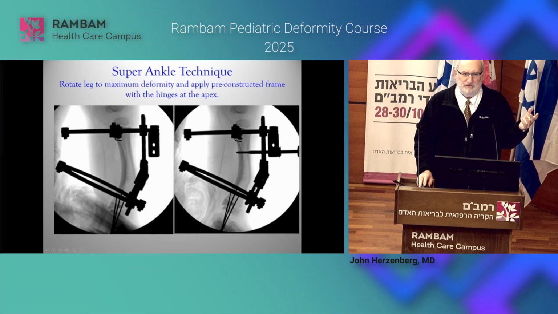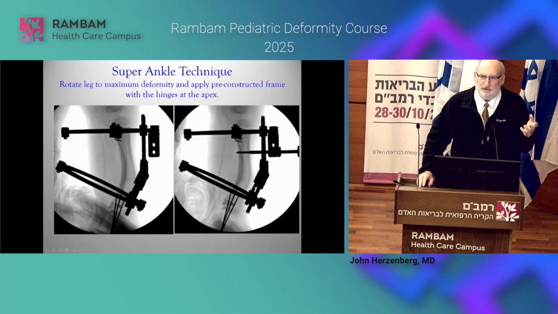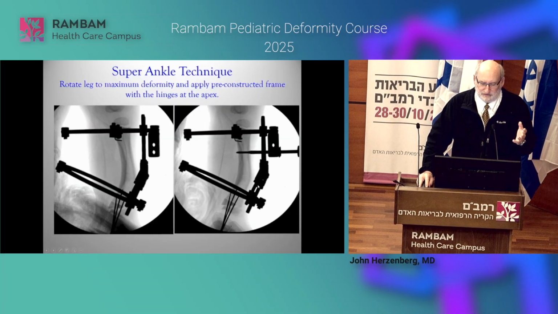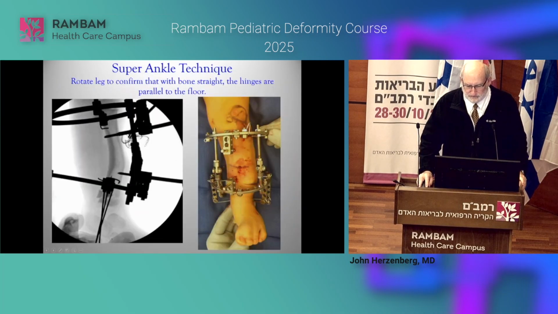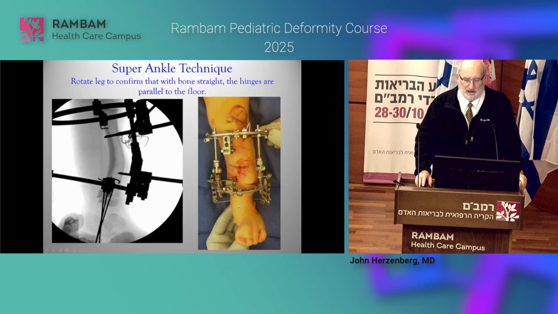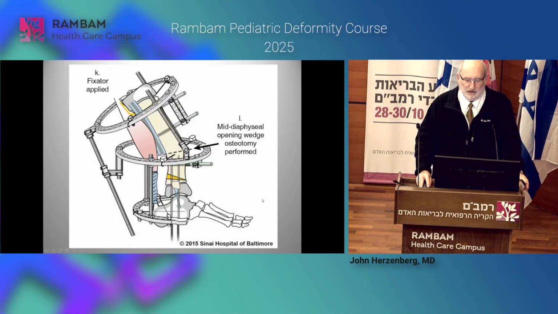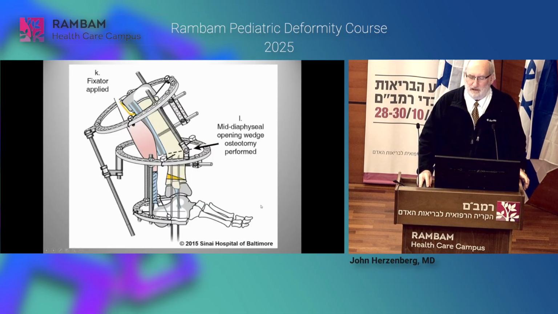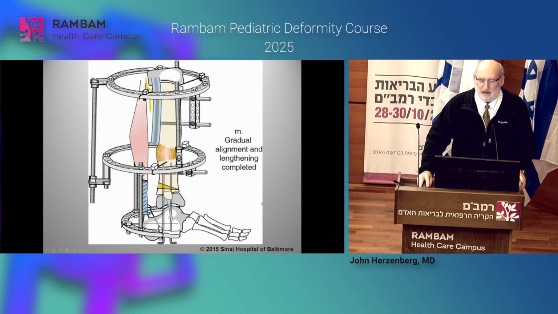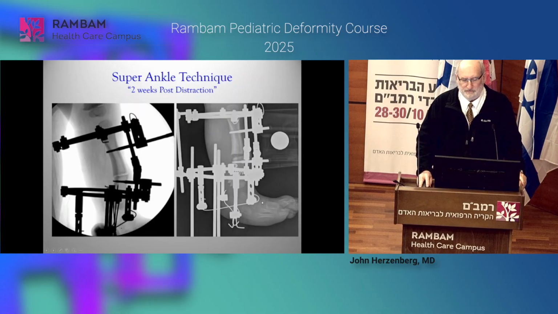This is something in a little small baby tibia for fibular hemimelia. I do this technique all the time. It's just much easier than trying to calculate the specific angles. You just rotate the leg till it's straight, apply your maximum frame parallel to that, and then your hinges will be automatically set to correct both deformities.